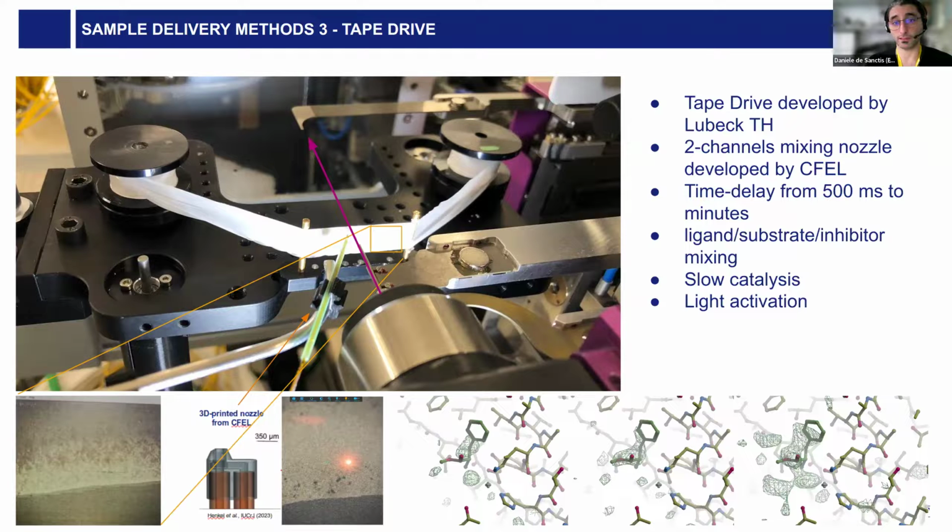It's an intrinsic characteristic of the tape drive, because it's not the fastest way to deliver the sample, from the time that you mix the crystal slurry with your compound to the time that you collect the diffraction images. We are looking for other systems that can complement this time resolution for this kind of experiment on a faster time scale.